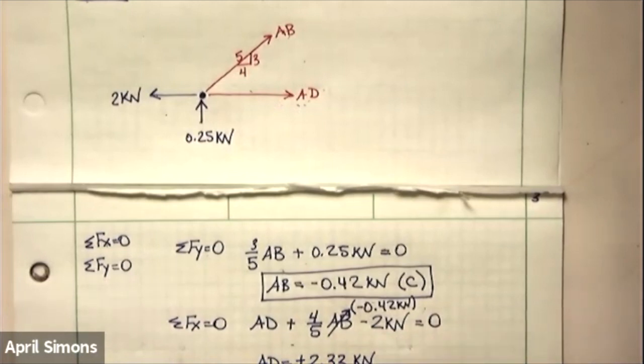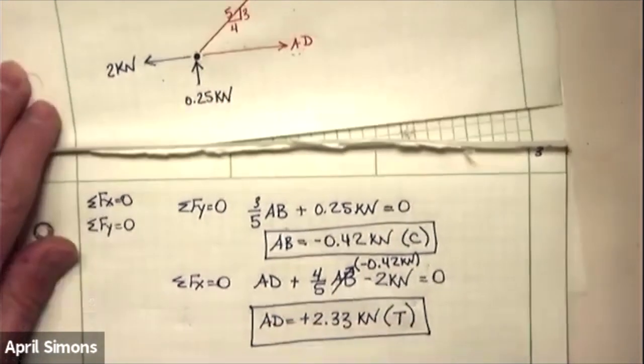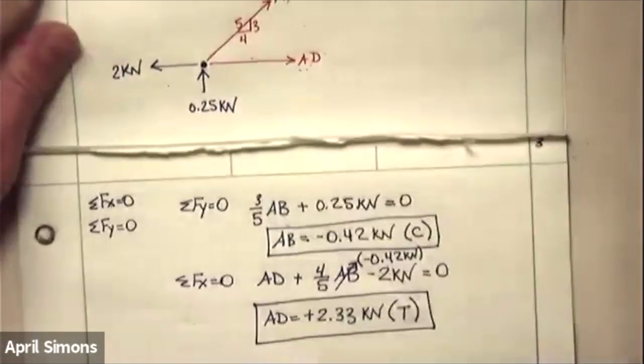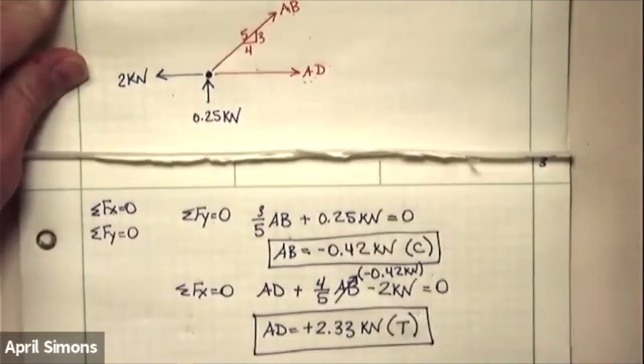Okay, since AD is positive, that means it's in tension. Okay, any questions about step 2?